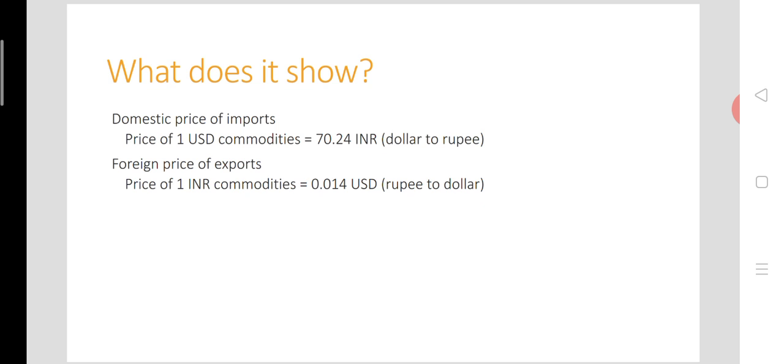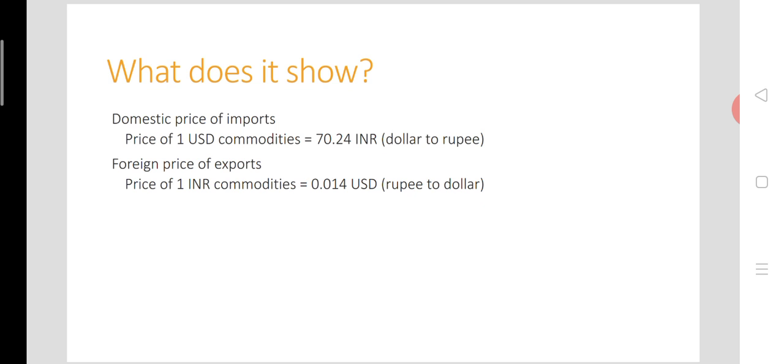So that means India has to pay 70.24 Indian rupees for purchasing commodities from abroad worth $1. So India's nominal exchange rate shows India's domestic price of import.